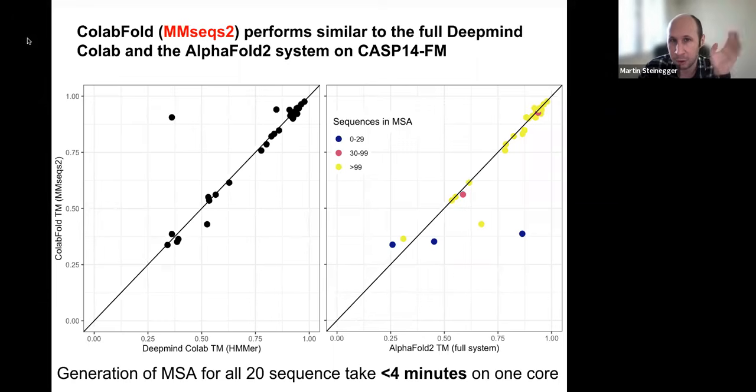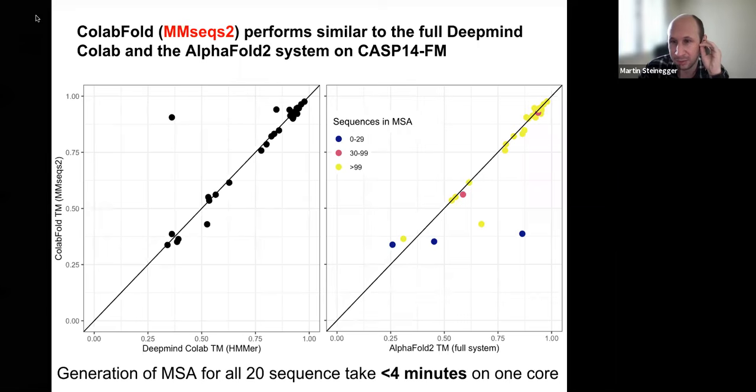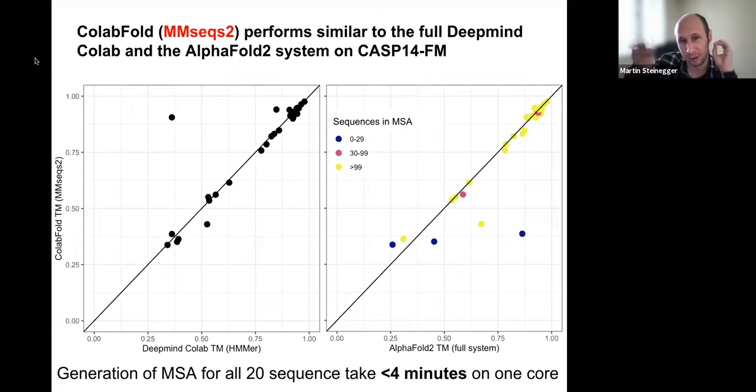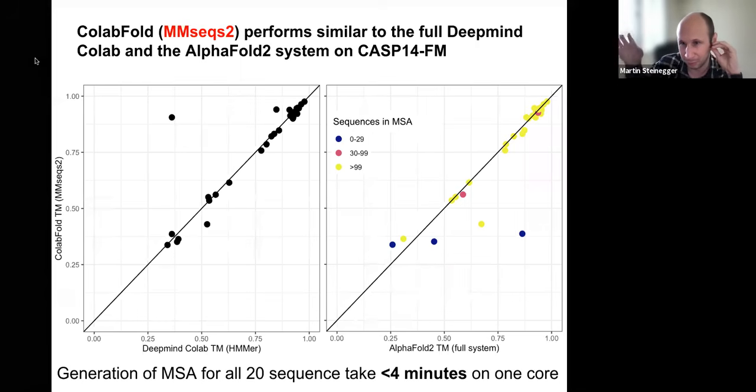This enables our Colab to make predictions extremely fast in comparison to these other systems. Sometimes you can get a structure back within 10 to 15 minutes. The bigger part for us is actually running the prediction on the GPU, while before the problem was getting the MSA, taking an hour, and then the prediction took like 15 to 20 minutes, and now it flips around. Now the prediction on the GPU takes much longer than the MSA generation.